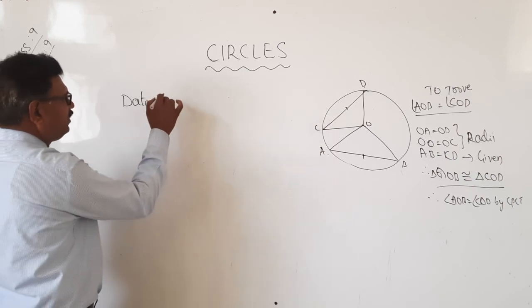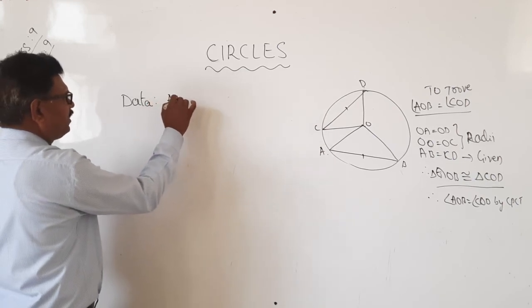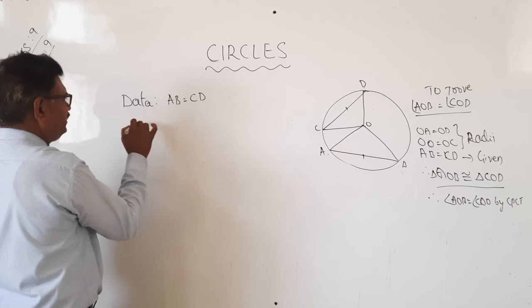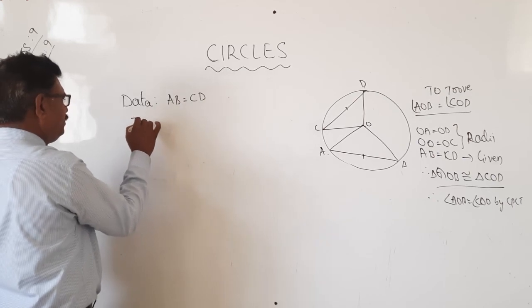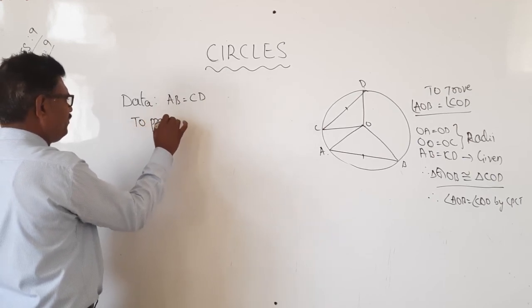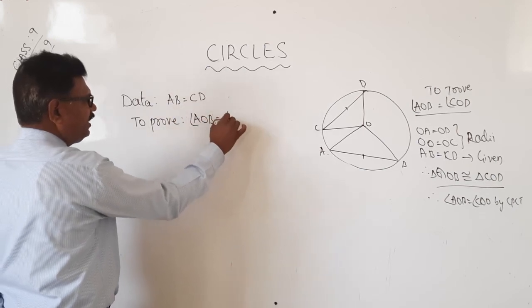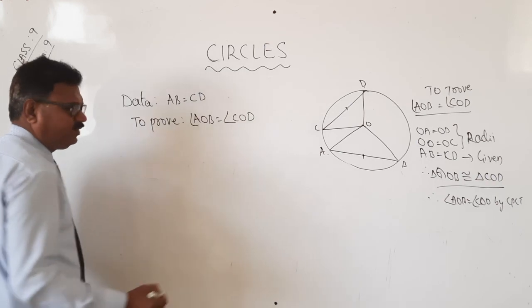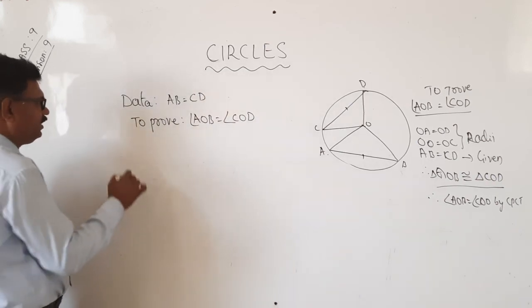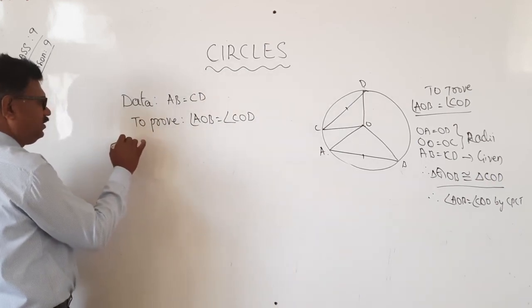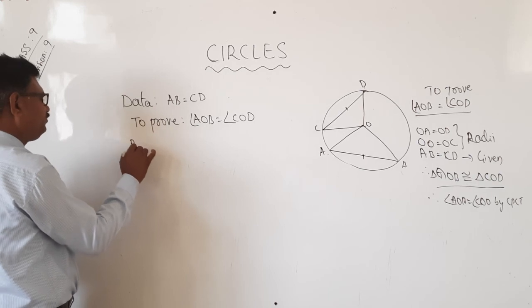Data: AB is equal to CD. Then what do we have to prove? To prove: angle AOB equal to angle COD. Next, proof.